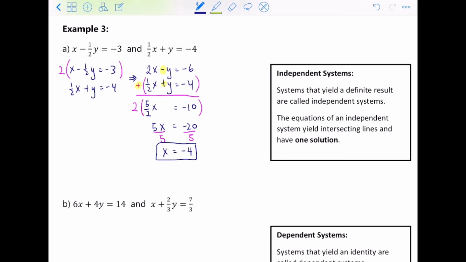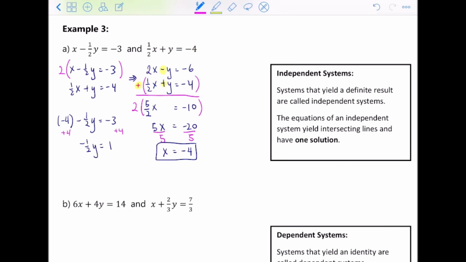So I'm not going to rewrite it anymore. So negative 4 minus 1 half y equals negative 3. And we're going to isolate y. We add 4 to both sides. So we're left with negative 1 half y equal to 1.